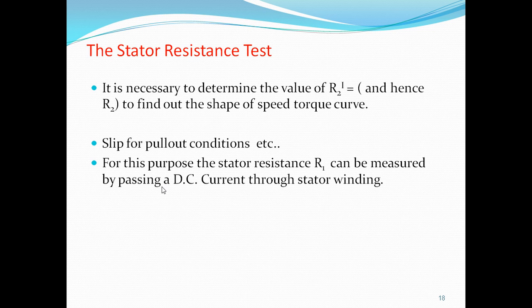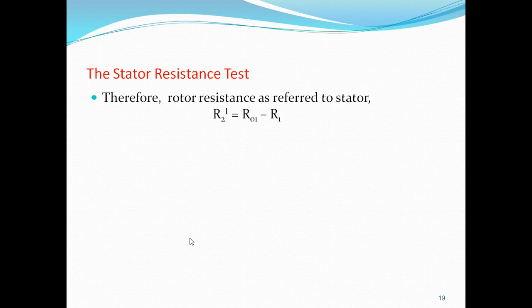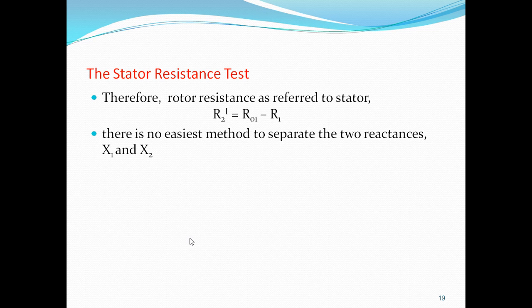The ratio of DC voltage across the phase to the DC current gives the R1 value. R1 is equal to DC voltage by DC current. Therefore, rotor resistance referred to stator, R2 dash, is equal to R naught 1 minus R1.